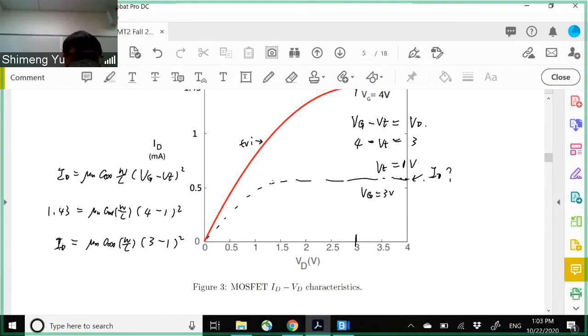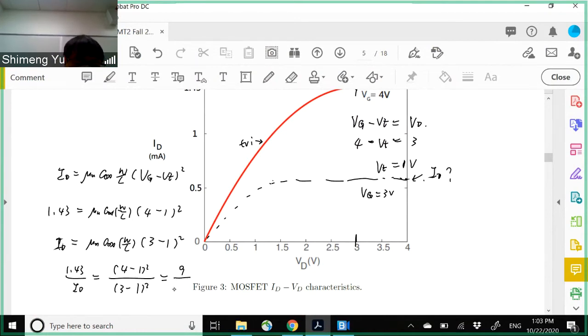Or if you want to make it simple, you just divide those two equations. So it's like 143 divided by ID. Once you do the division, this is cancelled out, so what is left is just this. So it's like 4 minus 1 is 3, 3 squared is 9.